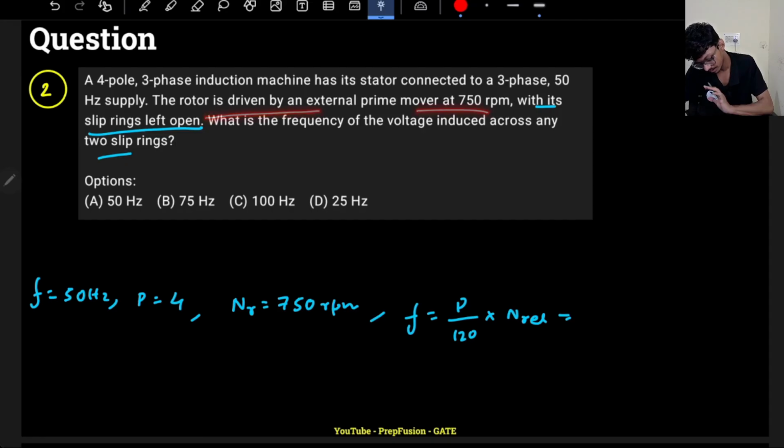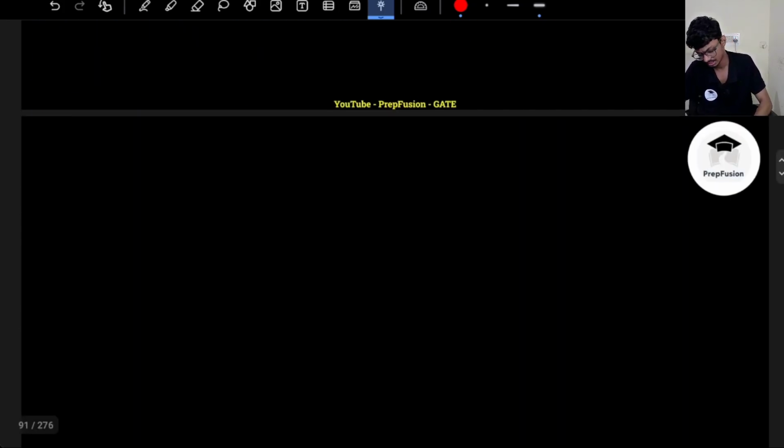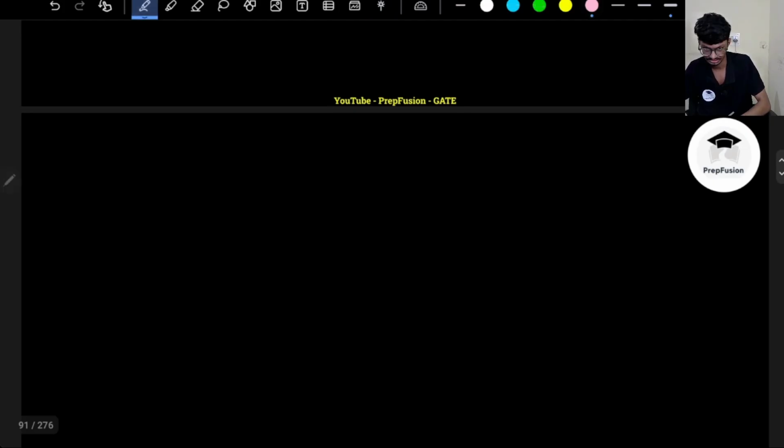The rotor is driven by an external prime mover, but they have not mentioned in which direction they are rotating it. So I will assume two cases. Because they have not mentioned it, it is a subjective type question.